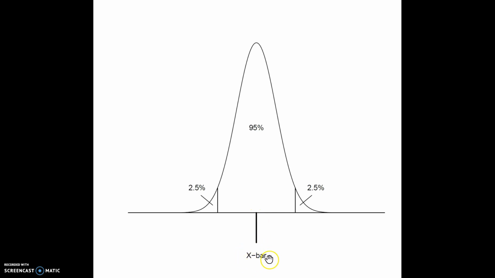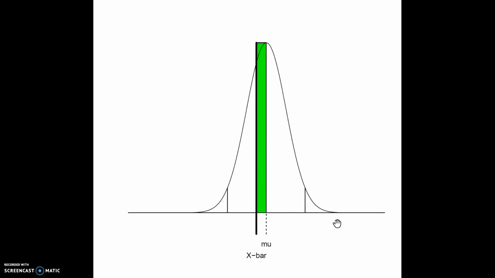Excuse my lack of nice mathematical symbols, but my sample mean is lying at this value here, and I'm putting on top of it a normal distribution, and I'm indicating the 95% probability sitting between these two limits with 2.5% out at either end. And what I'm going to contemplate is sliding this distribution along the x-axis and identifying which values of mu would give me that particular observed x bar as a likely value. So let me start doing that.